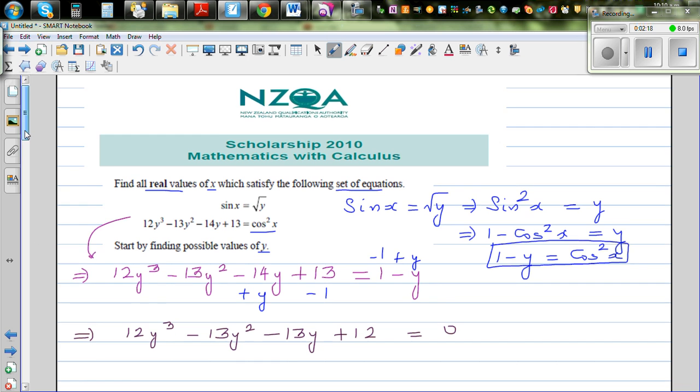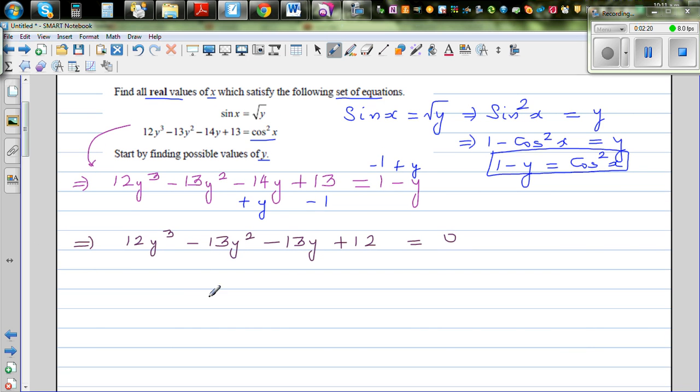So I want to factorize this. I'm going to group this. You can use a calculator, but I want to do it without one. For a scholarship exam, they want you to see whether you know the maths, not how to press the keys on a calculator.